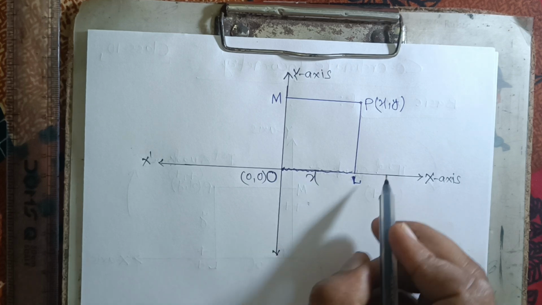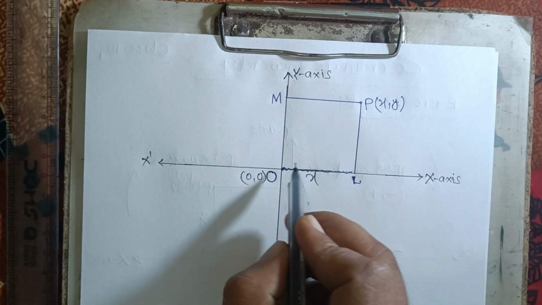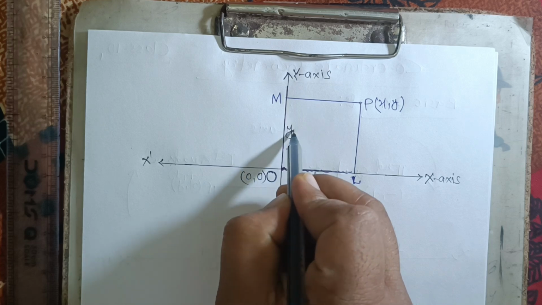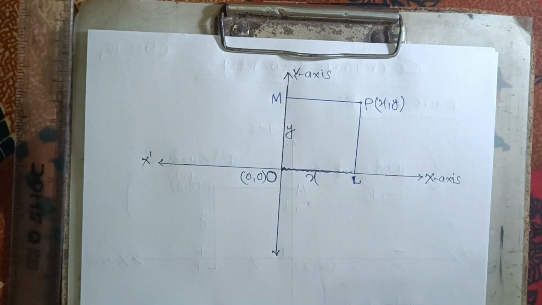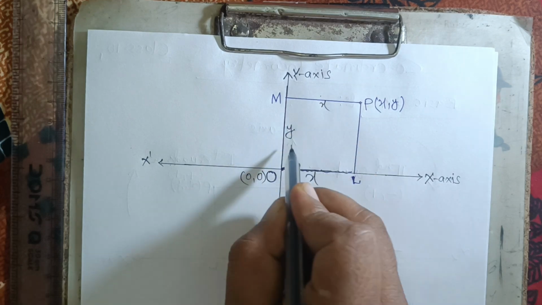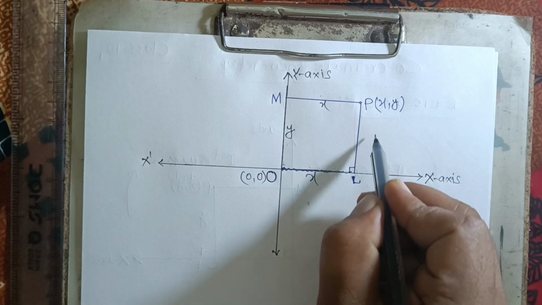This horizontal distance is x, and this vertical distance is y. This is x, and this part is y.